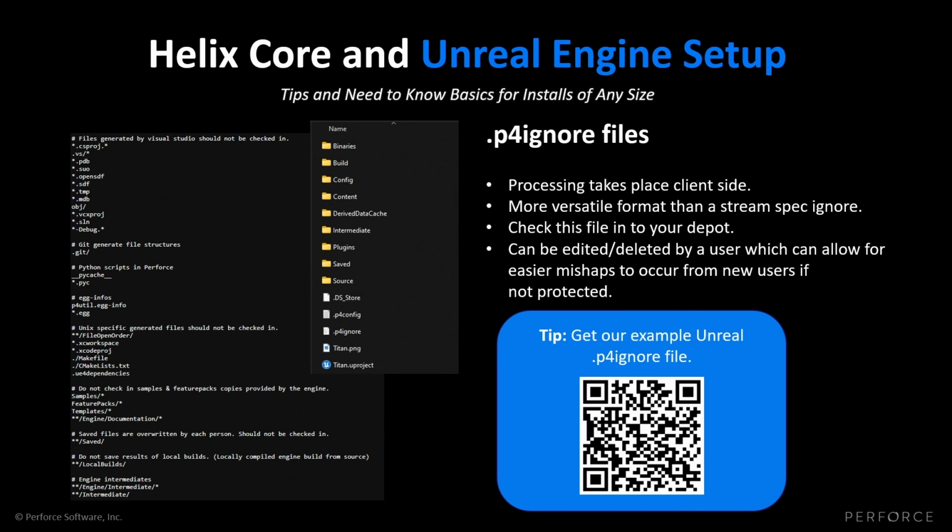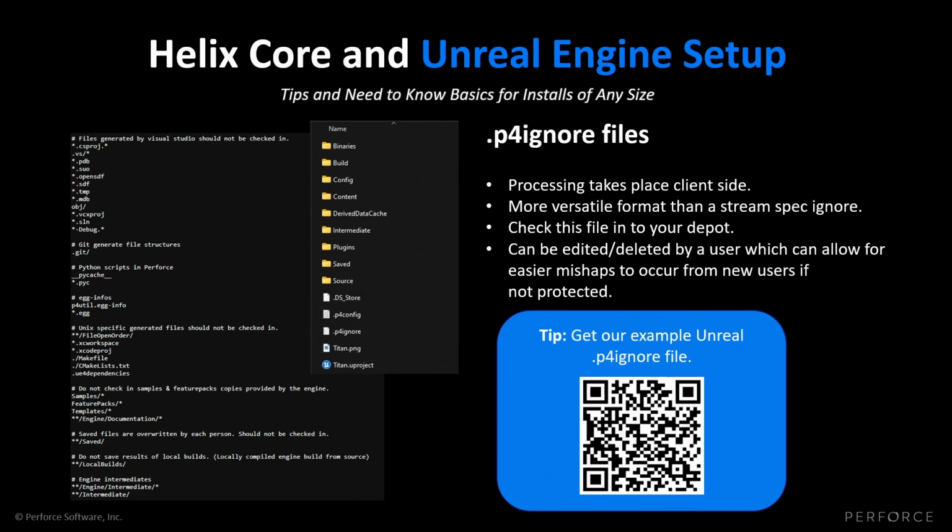There are a few different ways of ignoring files in Helix Core. This one's pretty much the most common: using a P4 ignore. If you've used Git or anything like that, you're pretty used to that style of syntax, defining it all out in a file and then running it. There are some pros and cons to this style.